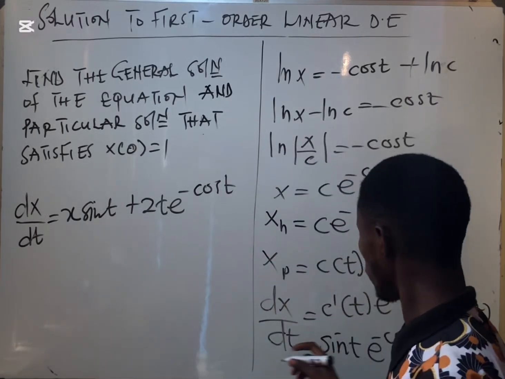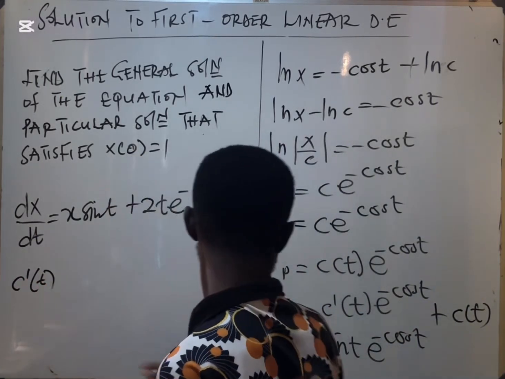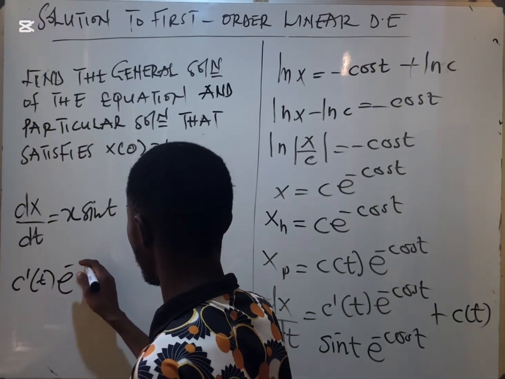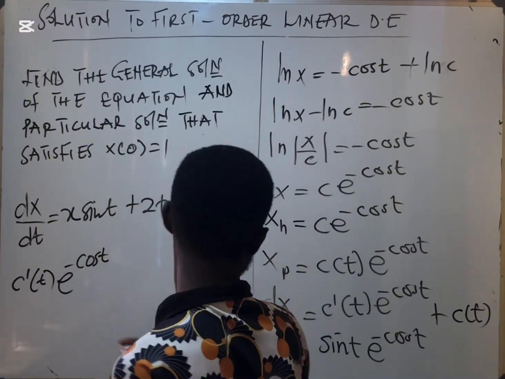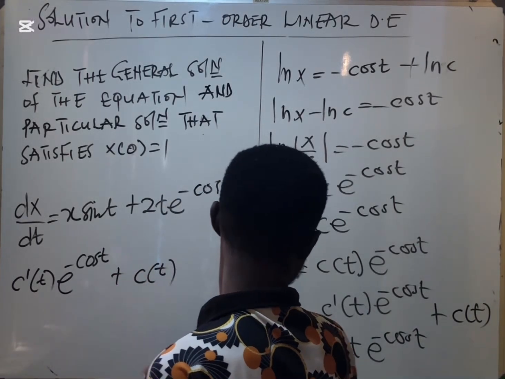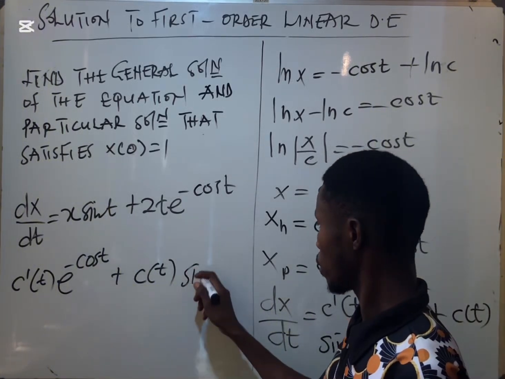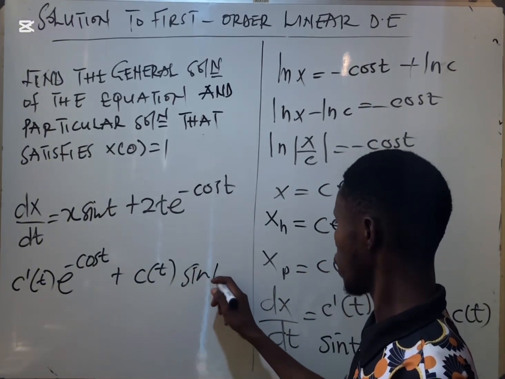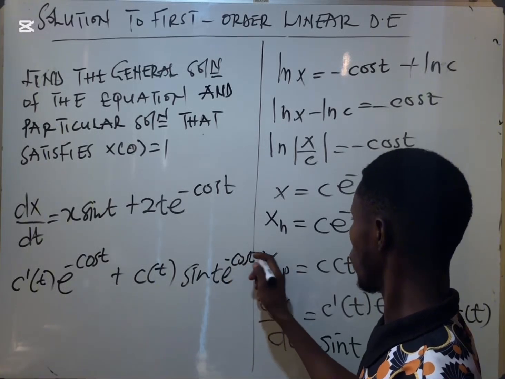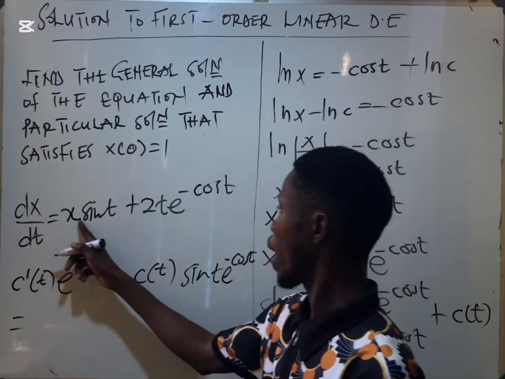dx dt is going to be c prime of t multiplied by e to the power negative cos t plus c of t multiplied by sin t e to the power negative cos t is equals to x.